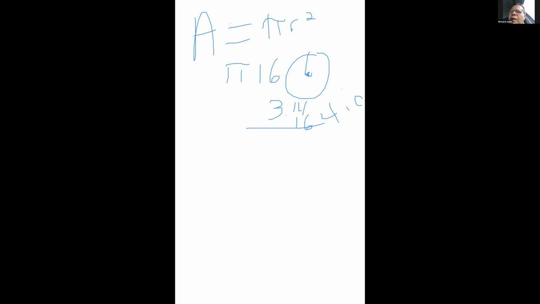So on this particular circle, when you multiply that out, that's going to come out to, I think something like 50.24 or something like that. Does anybody have a calculator they can do it with quickly? What's that? 3.14 times 16. Yeah.